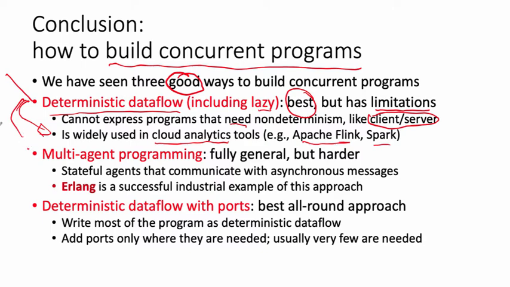The second approach that we saw is multi-agent programming. These are programs where you have many agents that have to talk to each other and you have a huge amount of non-determinism. And this was true for the lift example.